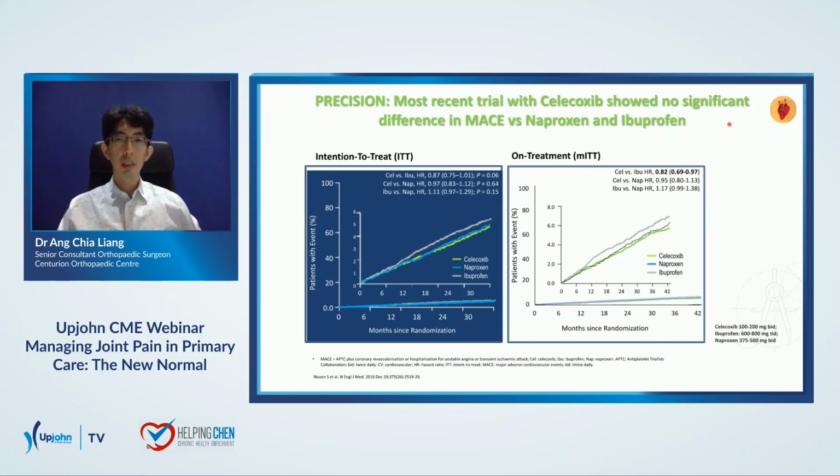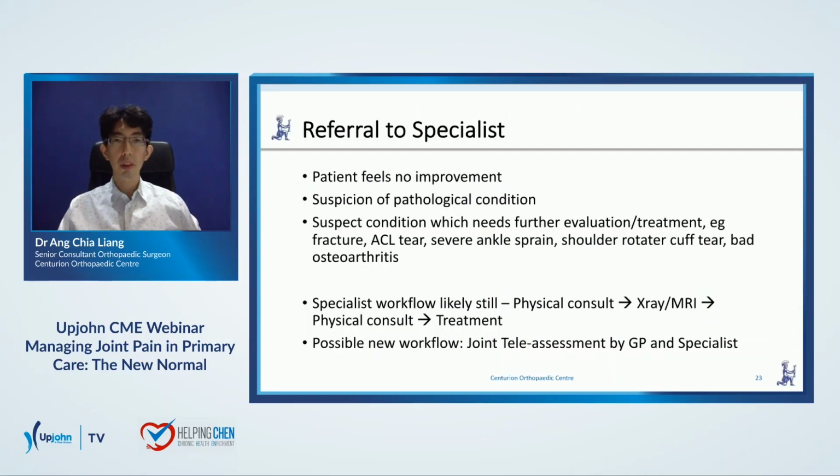Now, amongst the traditional NSAIDs, I feel that naproxen probably has one of the safer safety profiles, and I think it's encouraging that Celebrex has been shown to have a similar safety profile with naproxen, which is basically a low risk of GI or cardiovascular side effects.